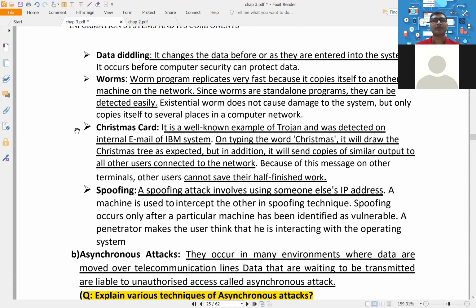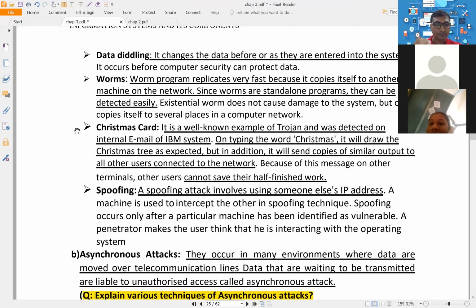It starts drawing your Christmas card in front of your screen, and after that you will not be able to do anything on your system. Not only that, it will activate the Christmas tree on all other systems connected on the network at that moment. To get out of this, you need to restart. But when you restart the system, the data which you have not saved will be gone.